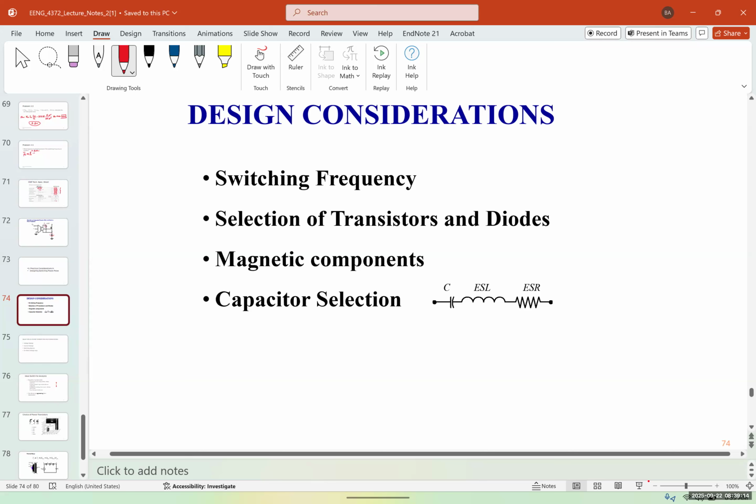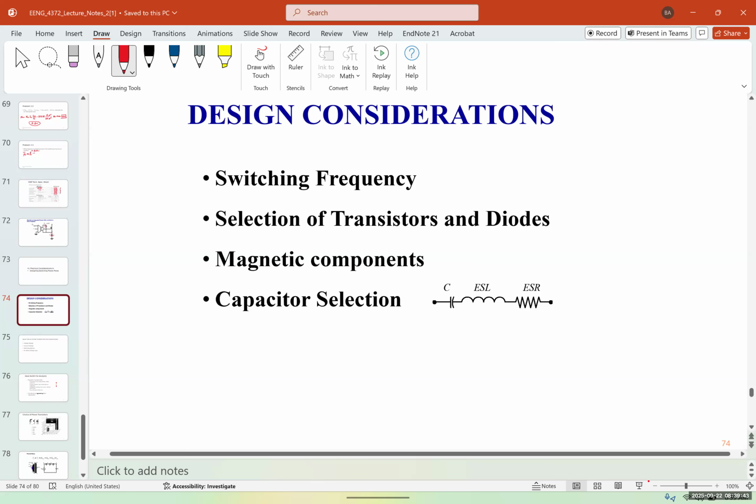Selection of transistors and diodes, depending on the cost. Again, some transistors are very expensive. The power that we need, output power, frequency is very important. Voltage, current, which transistor or diode or thyristor we should select. The magnetic components, and also the capacitor selection.